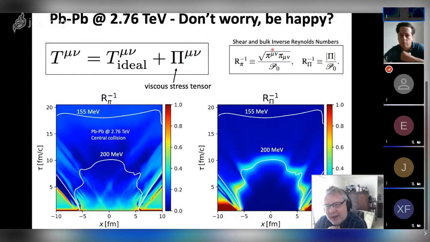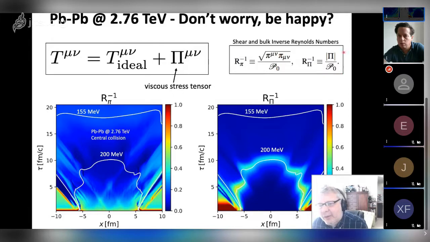So we can quantify that by constructing what's called the inverse Reynolds number. There's two of them. There's a shear inverse Reynolds number and a bulk inverse Reynolds number. The shear is just the contraction of the shear part of this tensor with itself, scaled by the isotropic pressure, because this is the correction to the pressures.